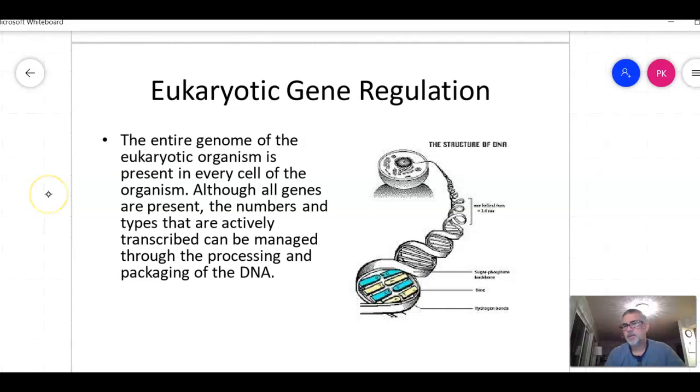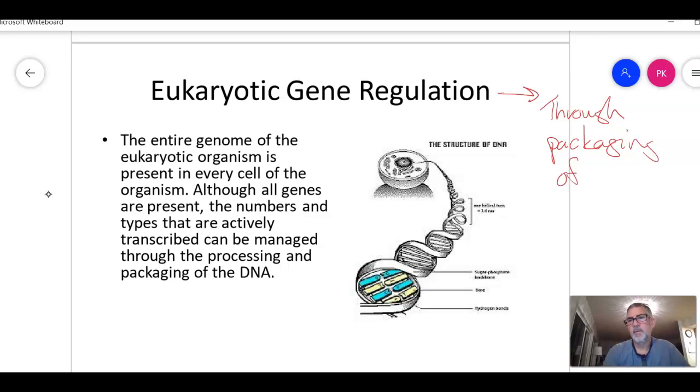So eukaryotic regulation, we don't have operons. We do it by packaging. So this is through packaging around proteins called histones.